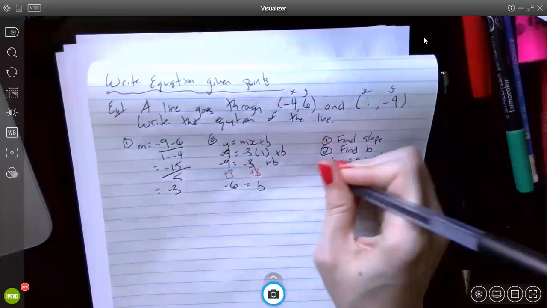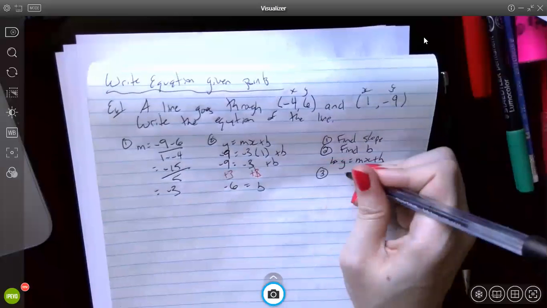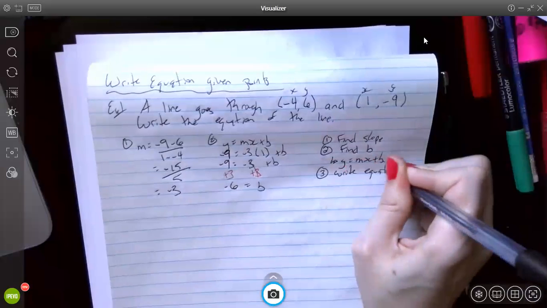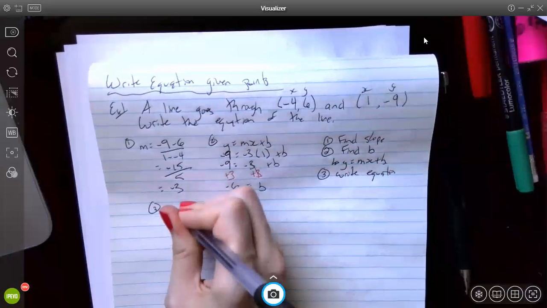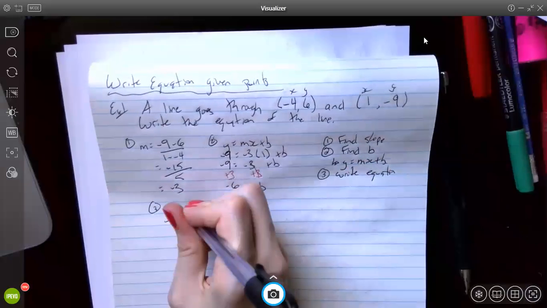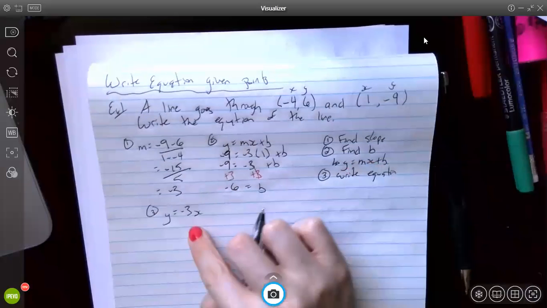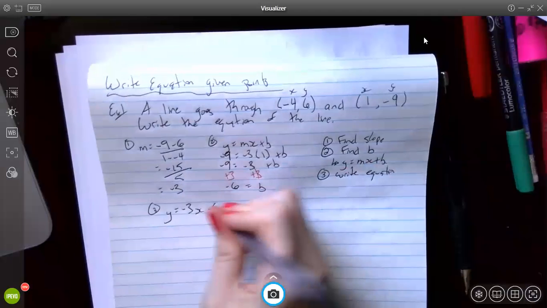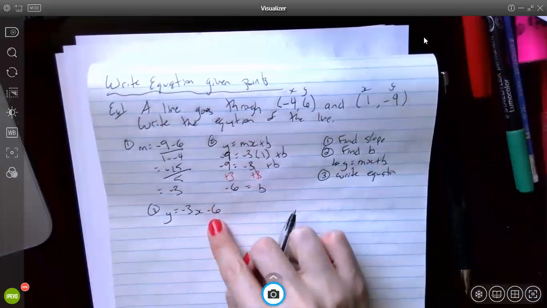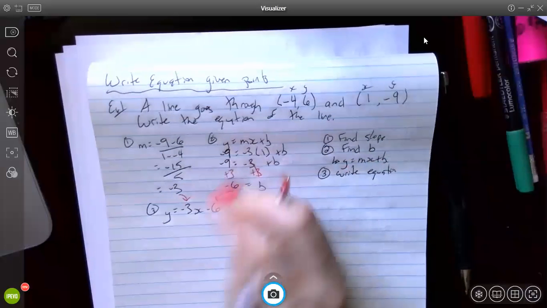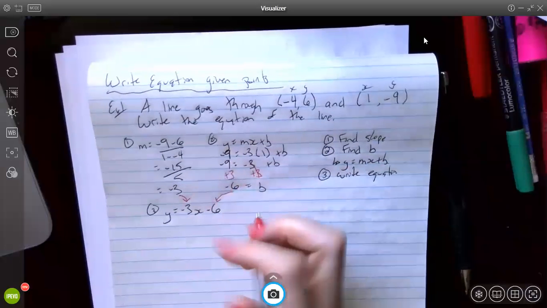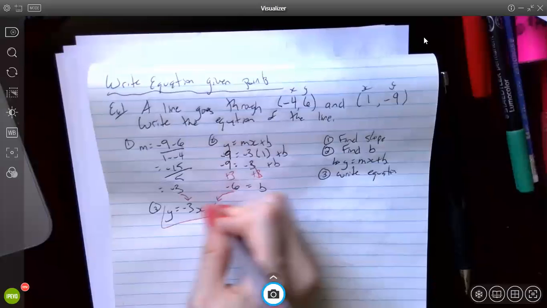And then my last step is to just actually write my equation, which is just going to be y equals my m value, x, and then my b value. Okay, so I'm just plugging in my m and my b, and of course leave the y and x as just y and x. And that would be your final answer.